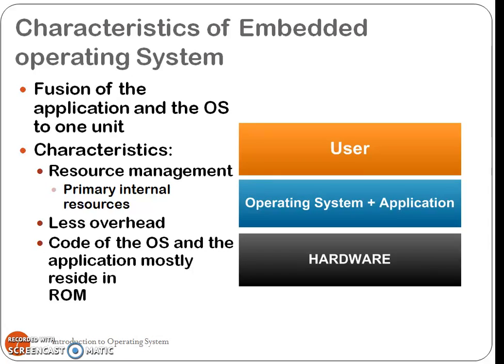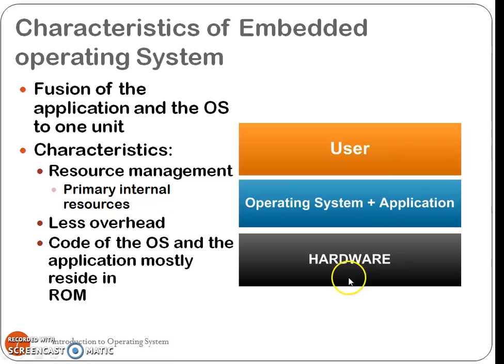Now, let us talk about the characteristics of embedded operating system. Up till now we have talked about in general what is an operating system, but now think about embedded operating system. As the name says, embedded, it is for a particular application. Now you can see here in the diagram, operating system along with the application together in one layer is called an embedded operating system.